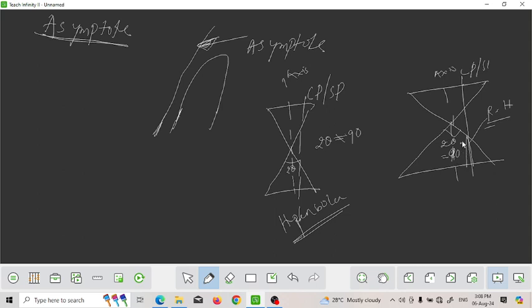As usual the condition is theta greater than phi and beta greater than alpha. The main difference between hyperbola and rectangular hyperbola is that in a rectangular hyperbola 2 theta is 90 degrees, and in a hyperbola 2 theta is not 90 degrees. Okay, so rectangular hyperbola is a special case of hyperbola.